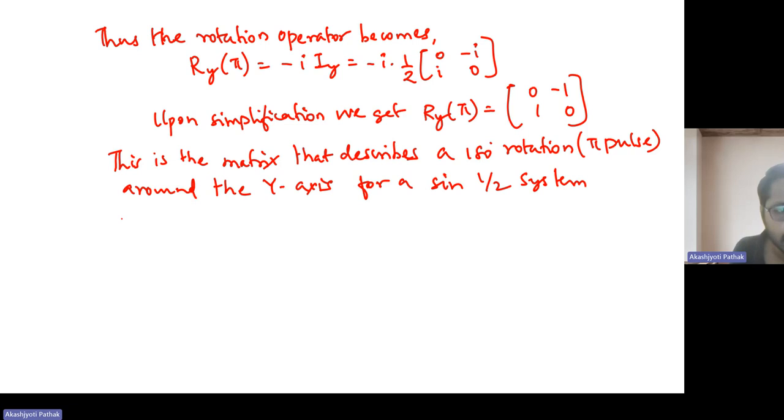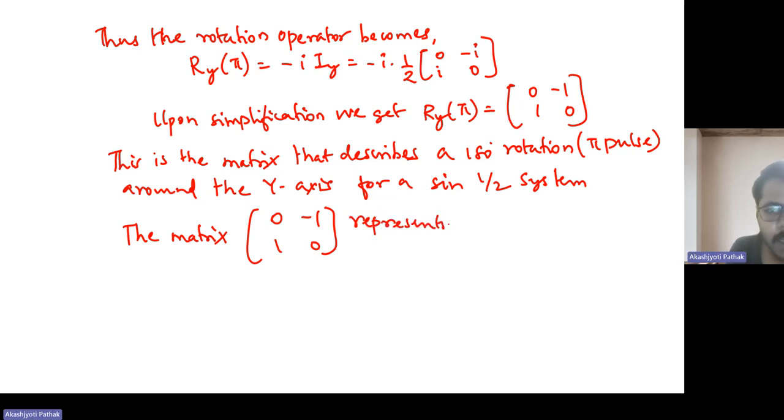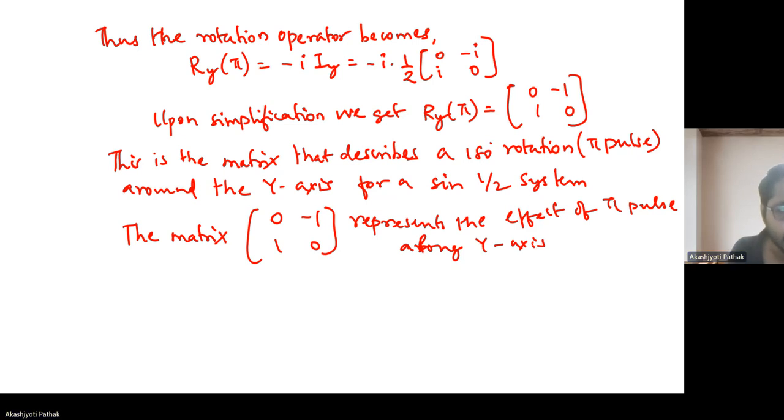Now, what does the matrix [0 -1; 1 0] do? It represents the effect of a π pulse along the y-axis.